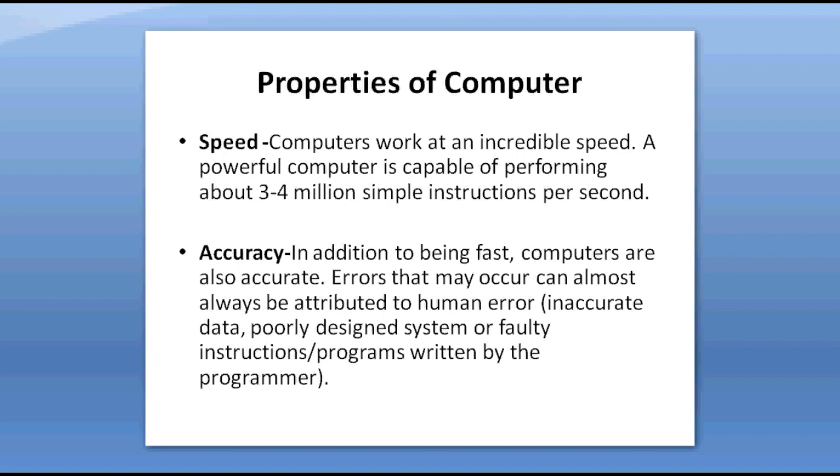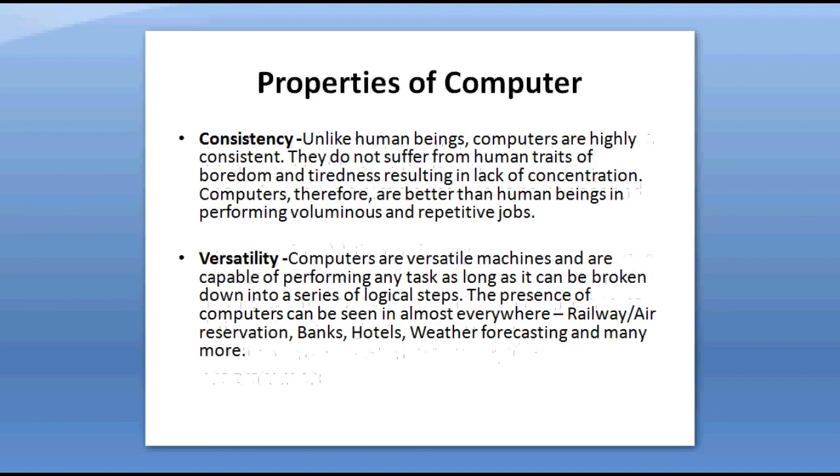Second, accuracy. In addition to being fast, computers are also accurate. Errors that may occur can almost always be attributed to human error, such as inaccurate data, improperly designed systems, or faulty programs written by the programmer. Consistency. A computer is a consistent machine.